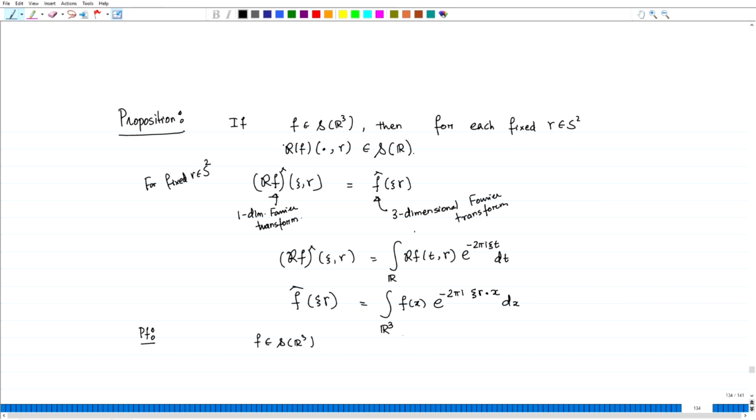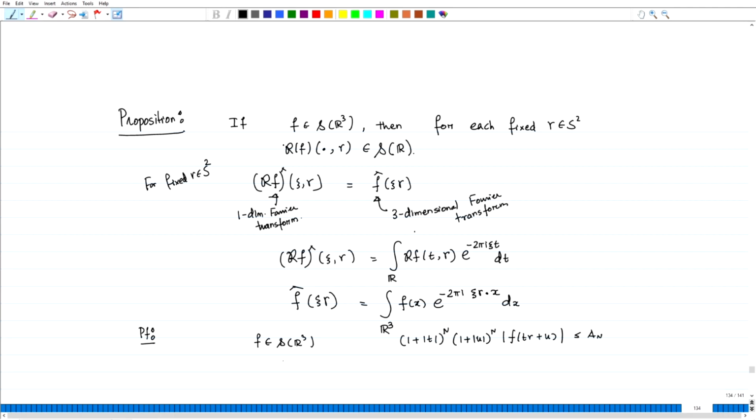Therefore, the supremum of (1 plus |t|)^n (1 plus |u|)^n |f(t gamma plus u)| is less than or equal to a_n, and also for its derivative.